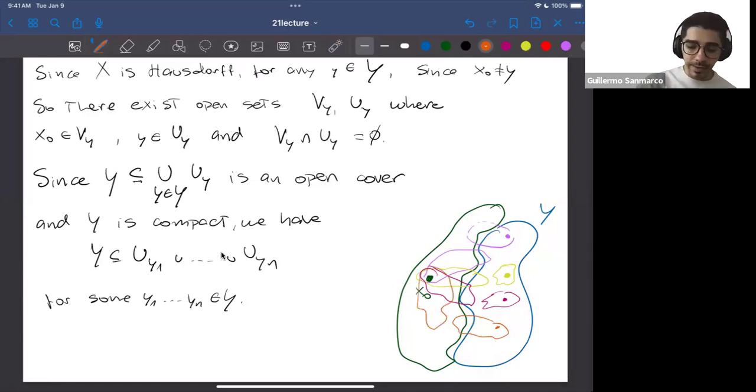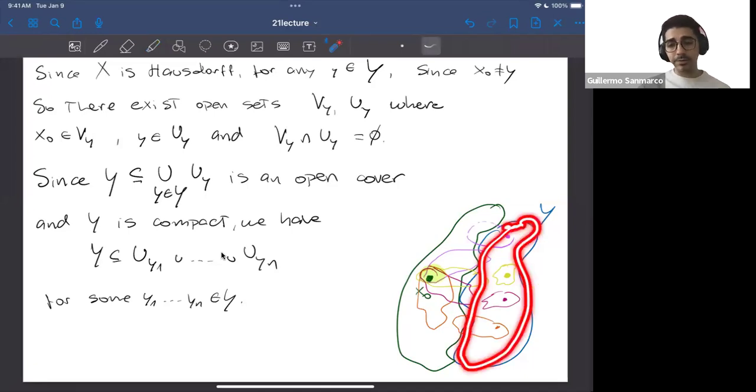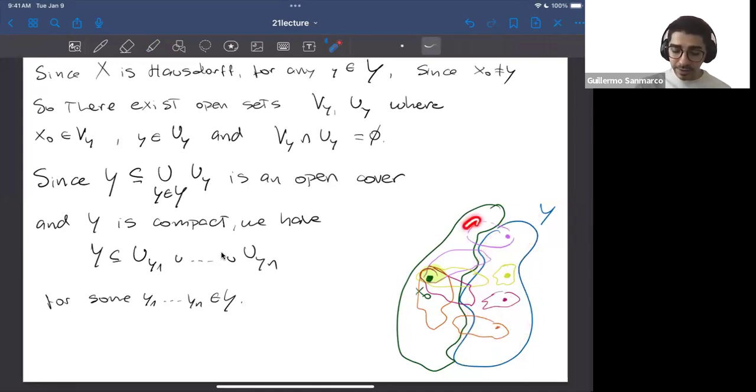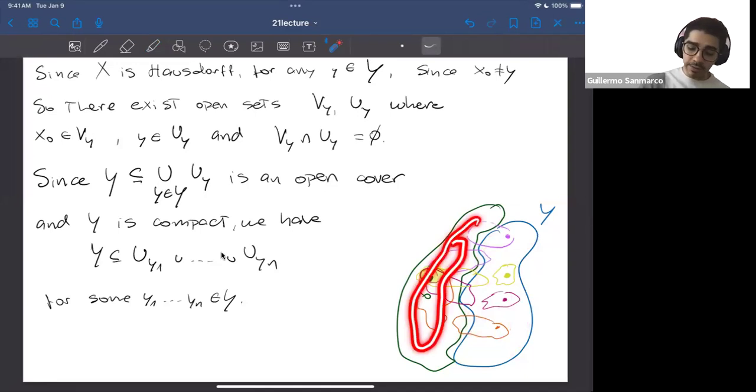And the idea is to take this intersection, wherever these intersect, this is what you want to take to be our V. Since we can only cover Y with finitely many of these neighborhoods, we don't need to take the intersection of all the V's.